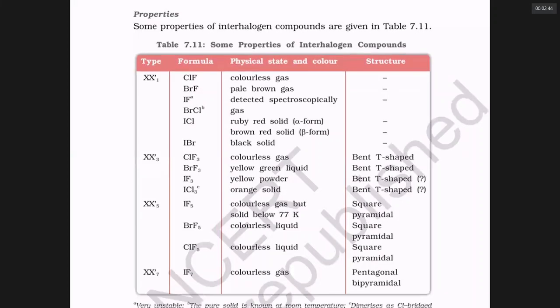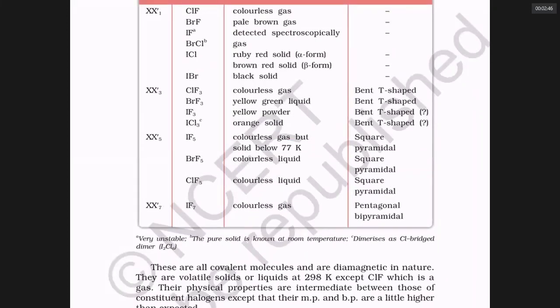If you look at XX'5, notice that they are more covalent and they are either liquids at room temperature or gases, there is no solid. As a rule, if the number of halogen atoms increases, they become more and more covalent, and covalent compounds are more like gases. IF7 is essentially a gas.